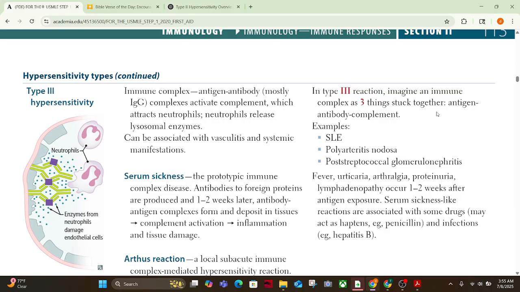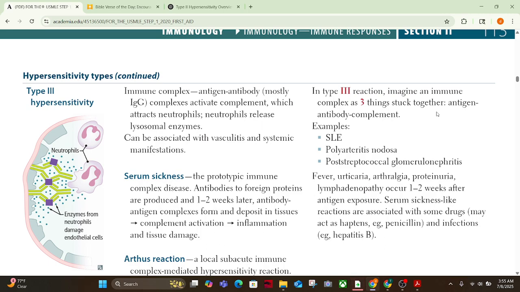Now, here it says urticaria. Urticaria from serum sickness is when antigen antibody complexes deposit in the skin, and then you have urticaria.